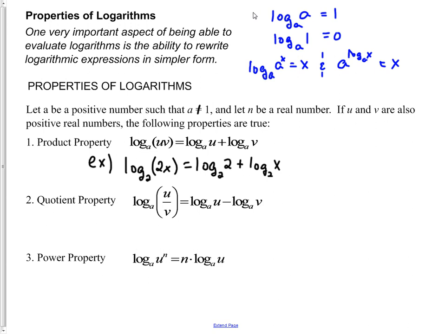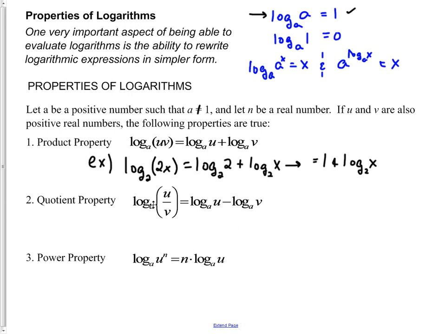Now, using our property above at the top, we could rewrite this one more time as 1 plus the logarithm base 2 of x. Why 1? Well, the logarithm base 2 of 2 equals 1 by this property at the top.